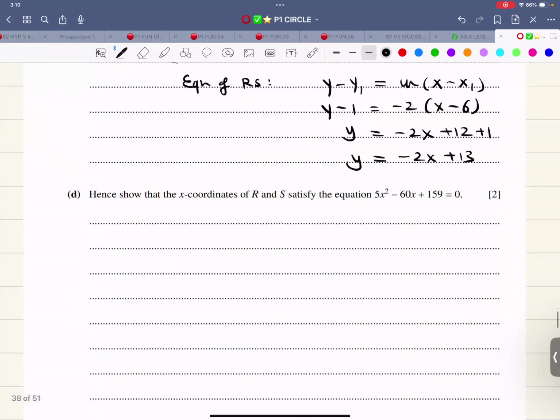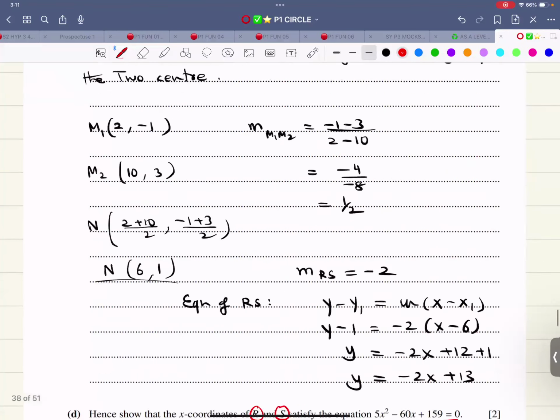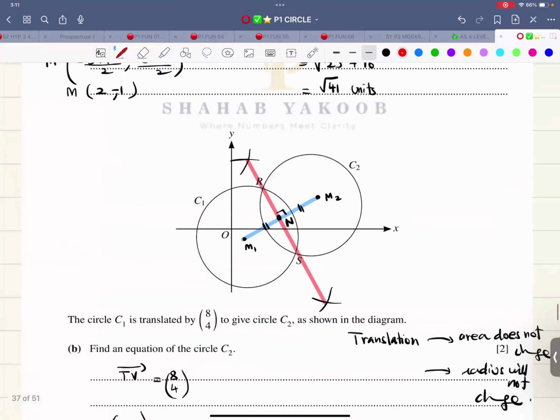So now this thing is done. Now it says, hence show that the x coordinates of R and S satisfy this equation. You don't have to solve this equation. You just have to prove this. Now look over here. R and S lie on this line. R also lies on circle 1. R also lies on circle 2.